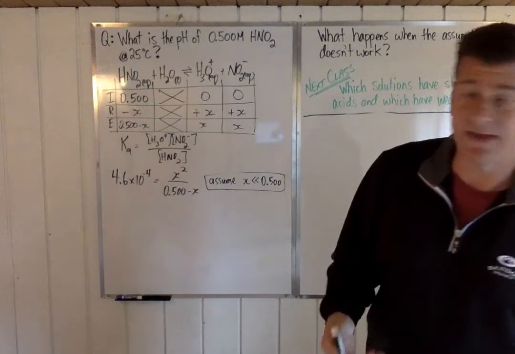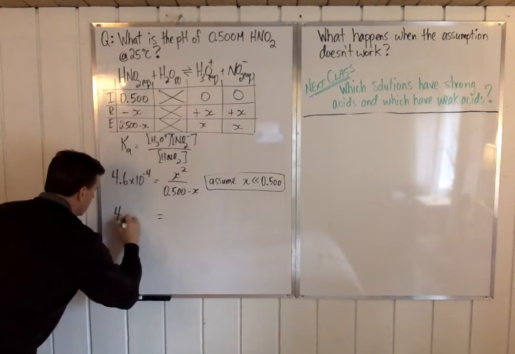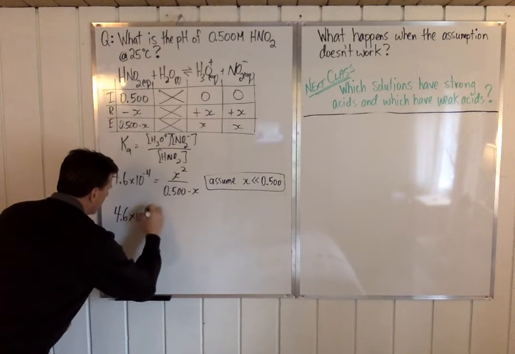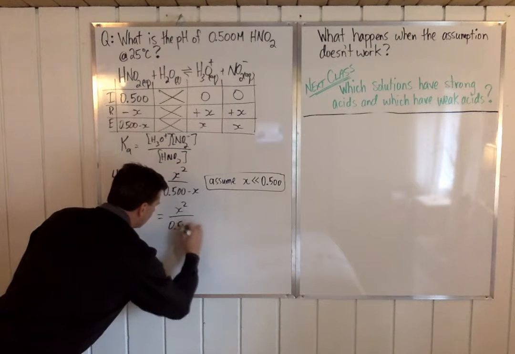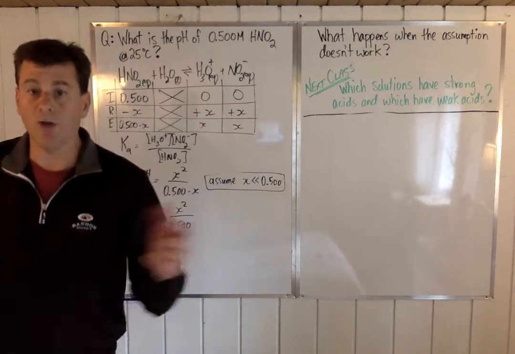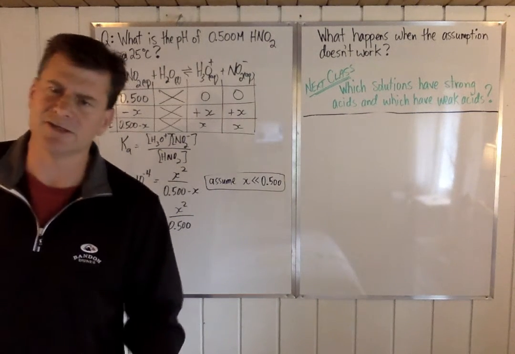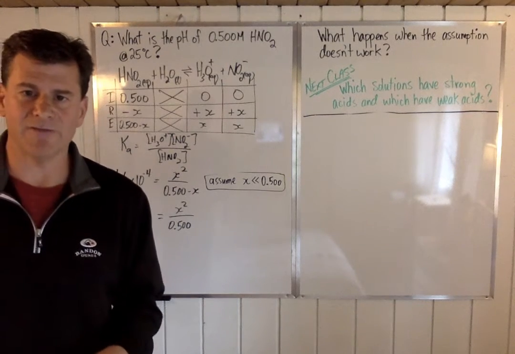And so when we make that assumption, we obviously don't drop all the x's because then you wouldn't have anything to solve for. You drop the minus x part in the denominator of that fraction.